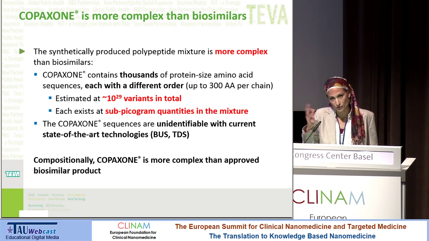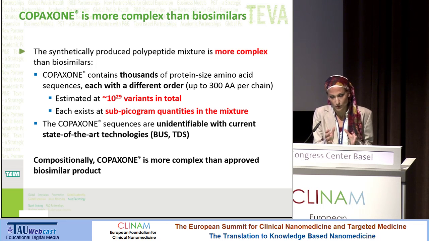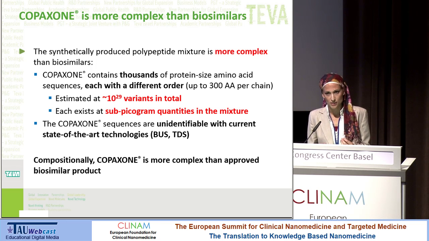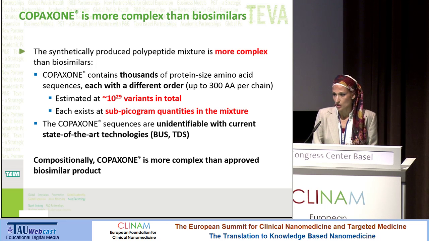In fact, if you will, the Copaxone mixture includes thousands of different proteins, because each one of these polymers is a backbone of its own, because each is at a different sequence, different size. And because there are so many variants, as I mentioned earlier, each exists at sub-picogram quantities in the mixture, which means that currently available state-of-the-art methodologies cannot be used to fully identify all of these variants.